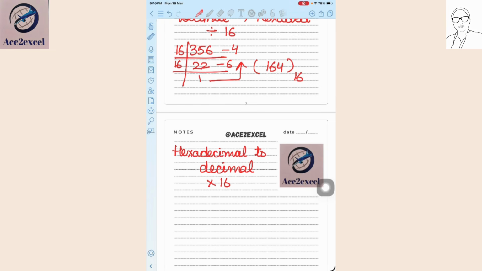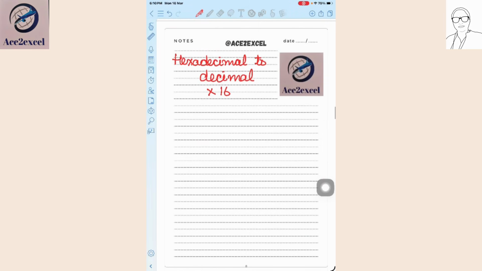That's all for today. We have talked about broadly all types of number systems. We talked about decimal, which means base 10. We talked about binary, which means base 2. We talked about octal, which means base 8. We talked about hexadecimal, which means base 16.